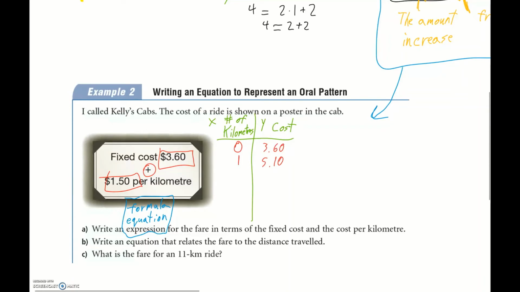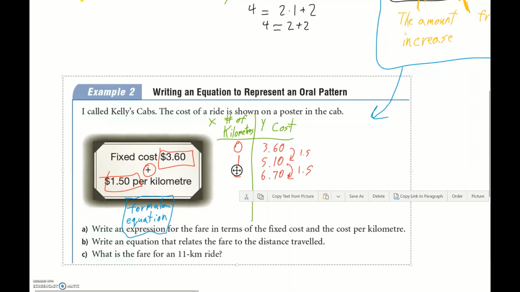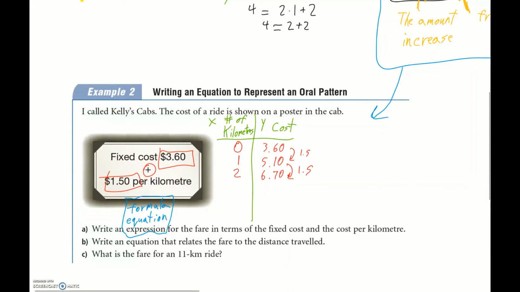So if we think about this as we go, and we can do that over and over again, each time it's only going to add 150. So 150, and to the next one, it's going to be 670, so it's adding another 150 over and over again. It's always going to add 150. So we're thinking about this in terms of an equation.